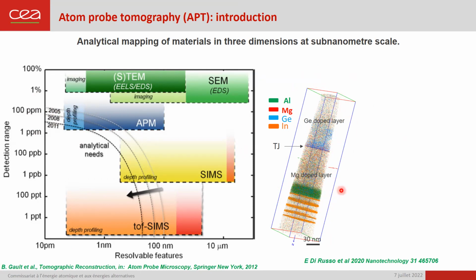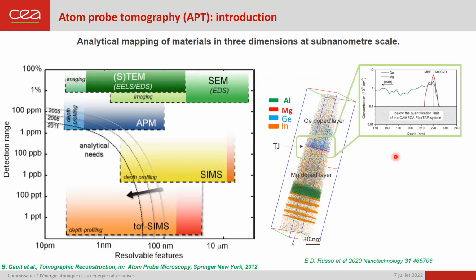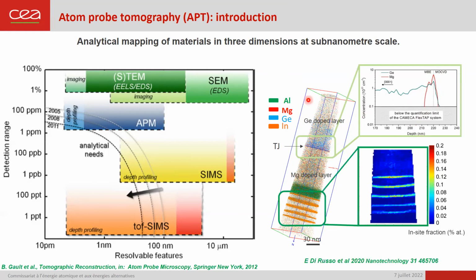So from that kind of reconstruction, we can extract several pieces of information, such as, for example, the concentration profile of the dopant around the tunnel junction, showing magnesium segregation and diffusion of germanium along the top n-type GaN layer. What we can do also is to calculate the indium fraction within the InGaN quantum layers, showing variation of composition and distribution along the disk.